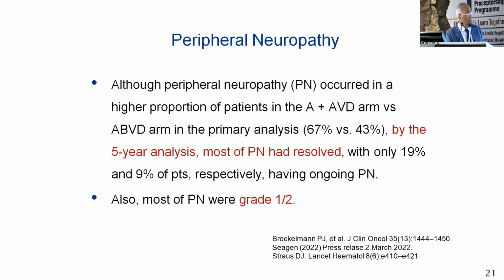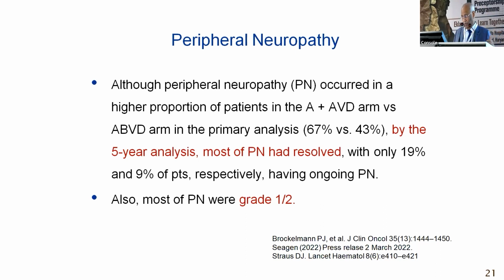What is important is that although the AAVD arm had a higher incidence of peripheral neuropathy than the ABVD arm, at the end of 5 years, the percentage in both the groups dropped down to 19% and 9%, stating that peripheral neuropathy is reversible, especially because you are conscious of this fact today and you take care of it, and also because a large number of patients, when you say 67%, 43% may be alarming to you, but it was grade 1 and grade 2.